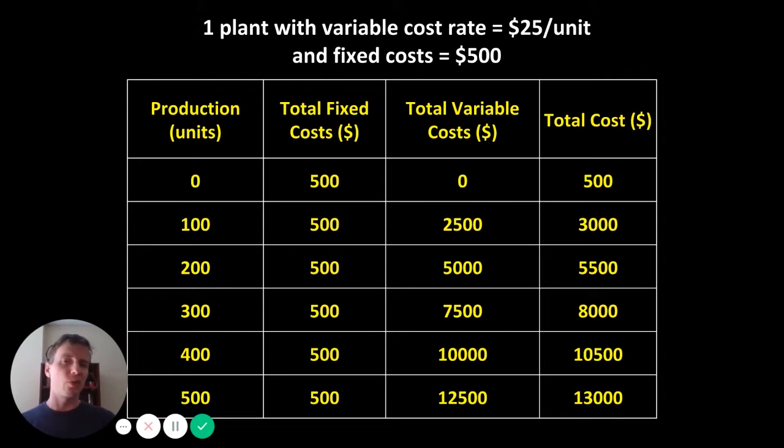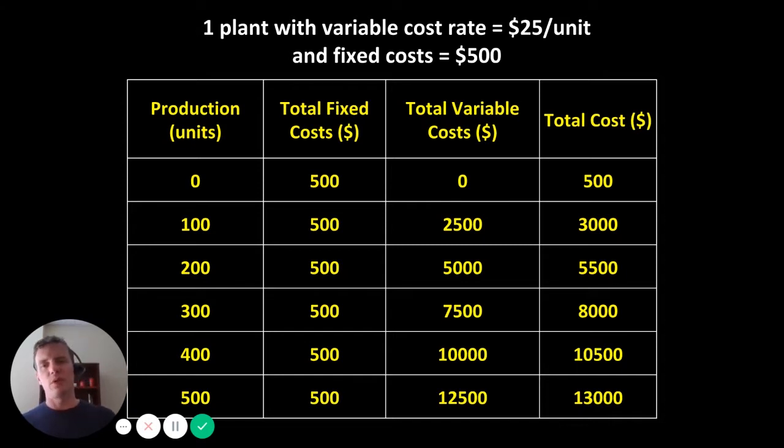The third column is total variable costs. So total variable costs, remember, these are costs that accrue proportional to the number of units that we produce. So if we produce 0, then our variable costs are also 0, right? And remember, our variable cost rate is $25 per unit. So $25 per unit times 0 units is just 0. If we produce 100 units, then our total variable costs are 100 units times that $25 per unit rate, so $2,500.